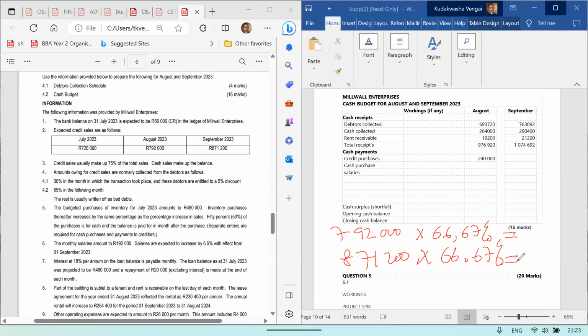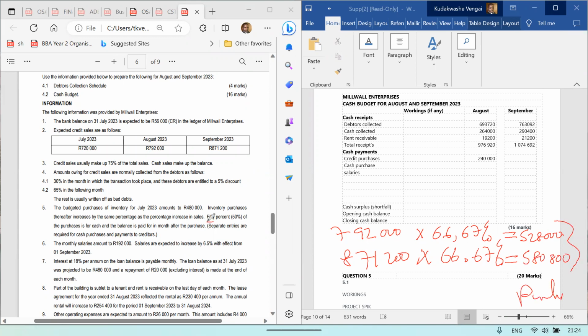So 792,000 multiplied by the ratio gives 528,000 for August. Then for September, 871,200 multiplied by the ratio gives 580,800. So these are our purchases.